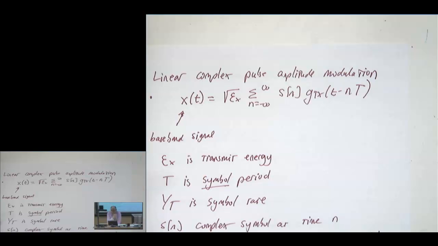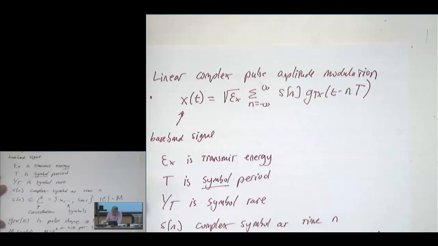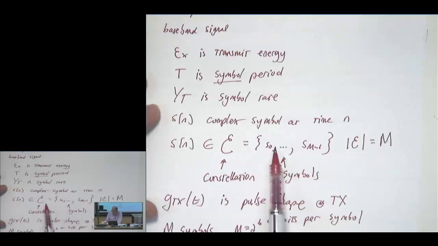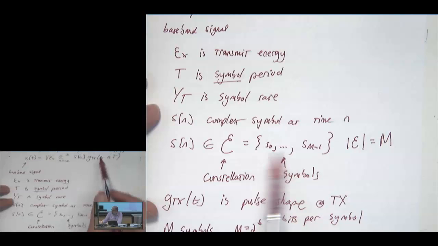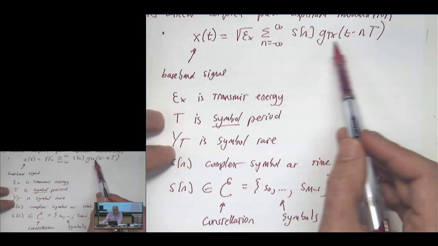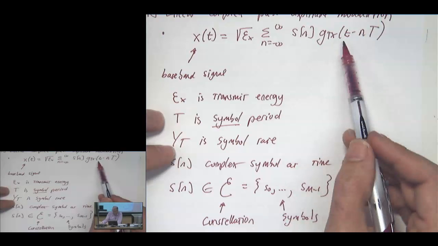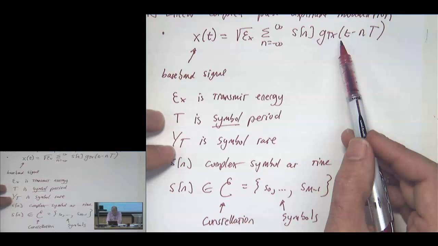So the things that we need to talk about: what does this constellation look like? What are the assumptions on the normalization of the constellation? What does this g_TX look like? What are the assumptions on its normalization? And that's what we're going to do over the next several lectures.